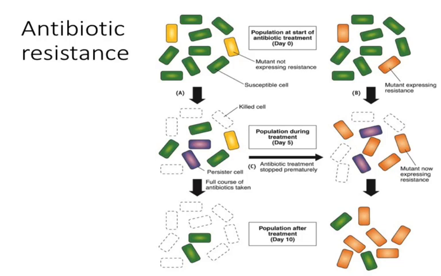So we looked at, for example, Neisseria gonorrhea and how single nucleotide changes within the gene that encodes gyrase can lead to increased resistance to ciprofloxacin and other quinolone antibiotics.